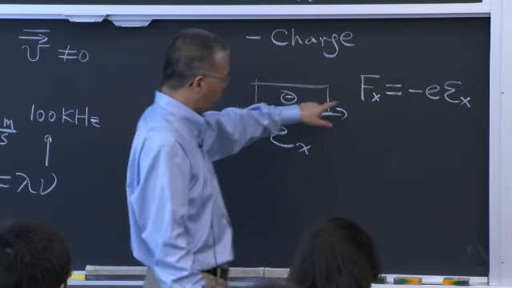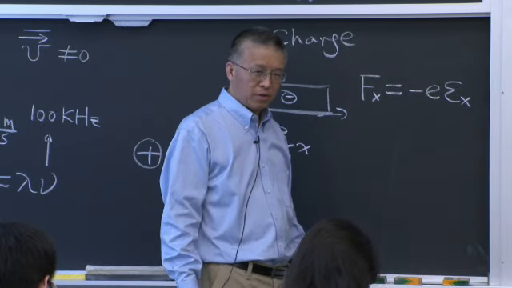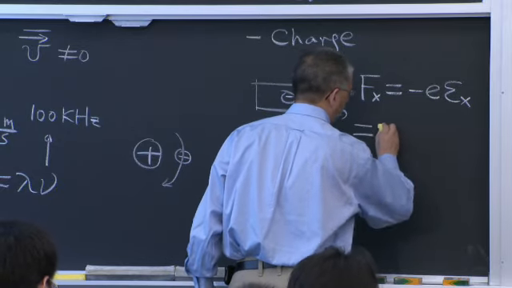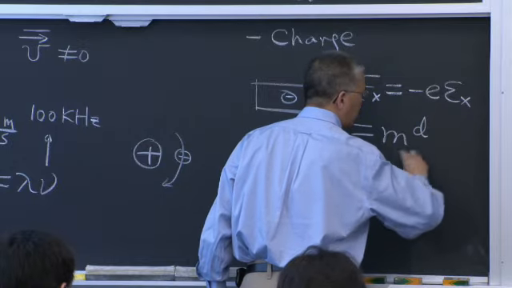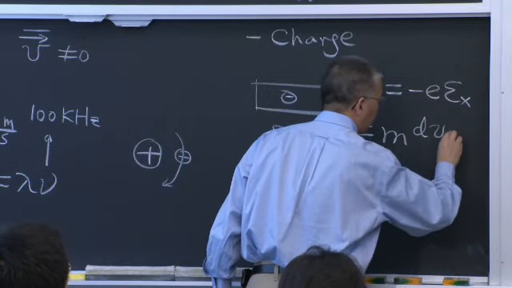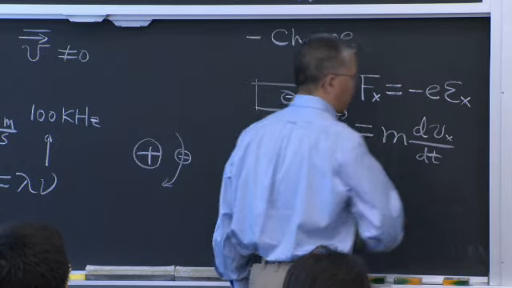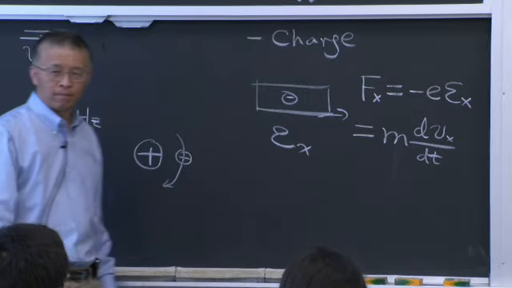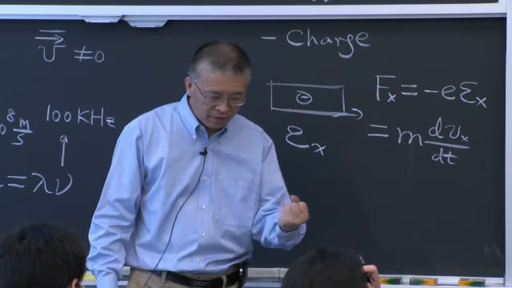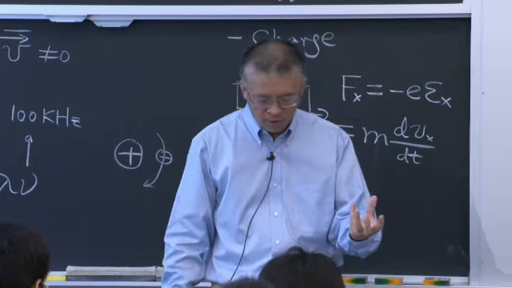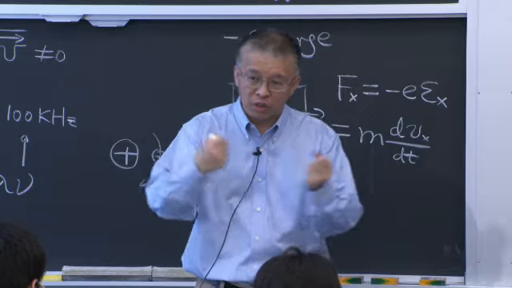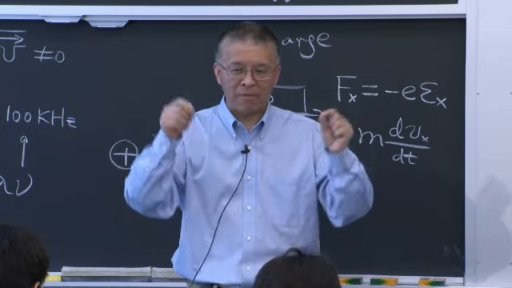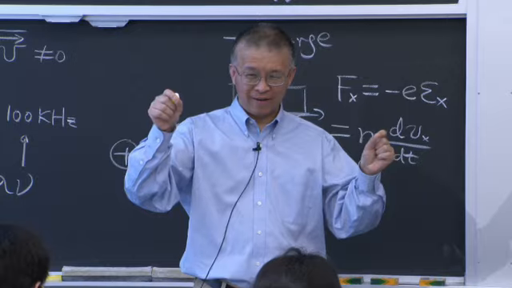OK, so I have force. And I'm going to write Newton's second law, F equals ma. So this is m dVx/dt, right? And it turns out that what the electron does, we mentioned before, it collides, right? It can go a certain distance, then it collides. So the acceleration time is between those collisions.